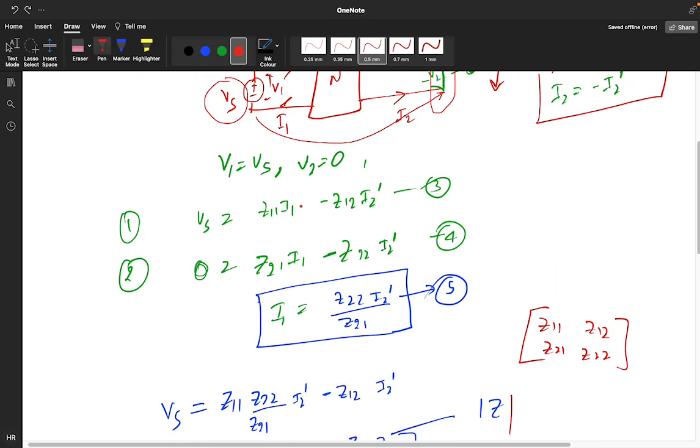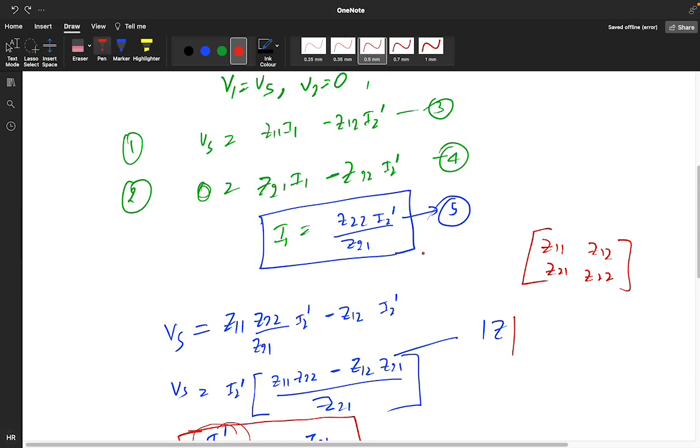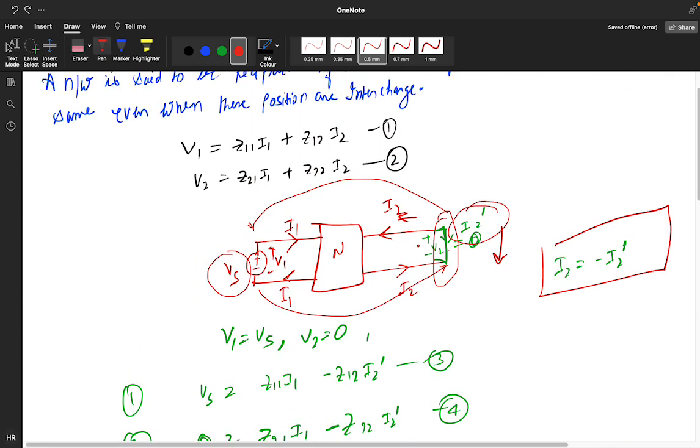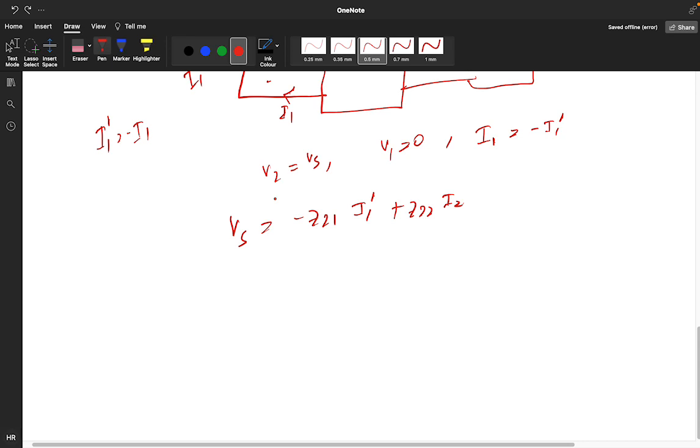Now put the value in equation 1. Your V1 value is 0.